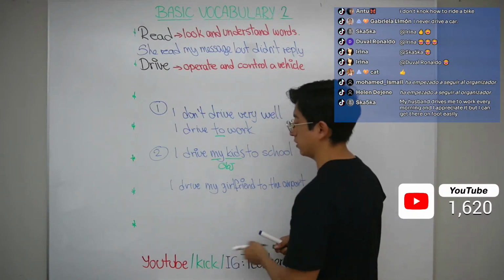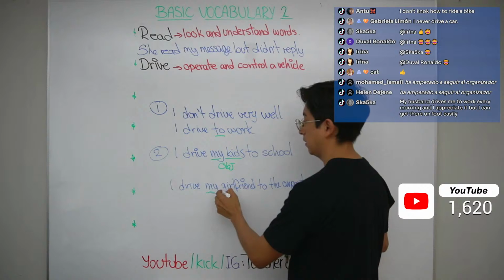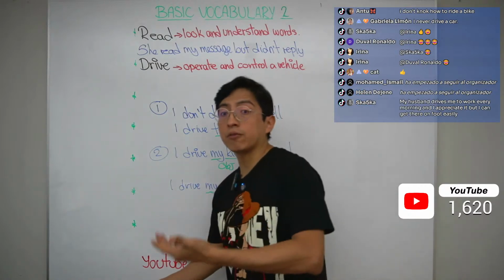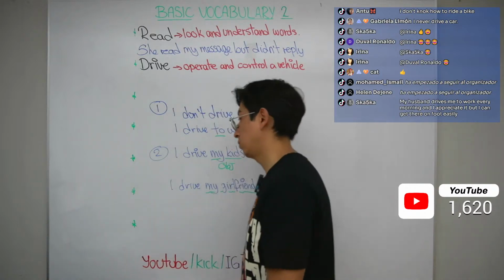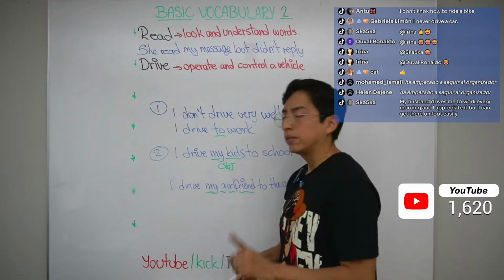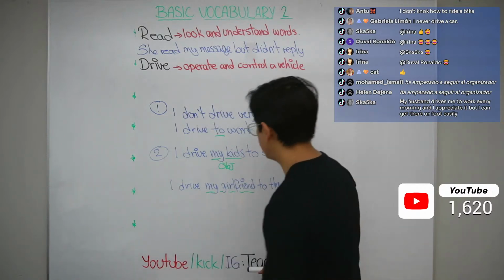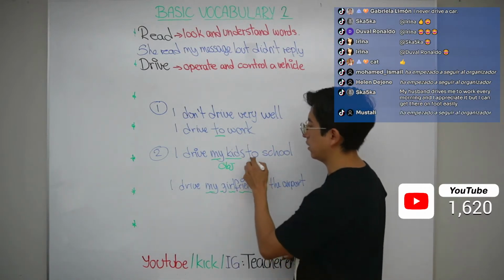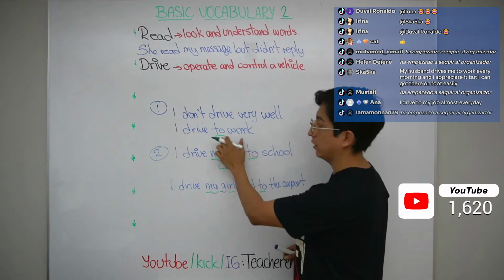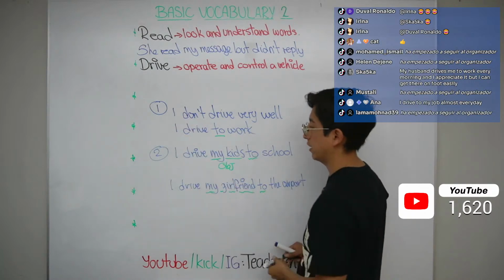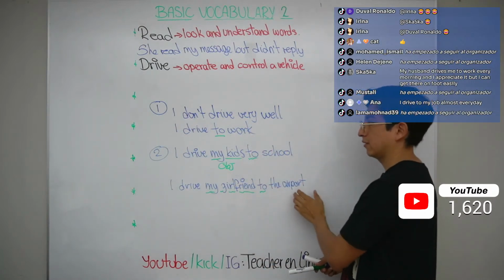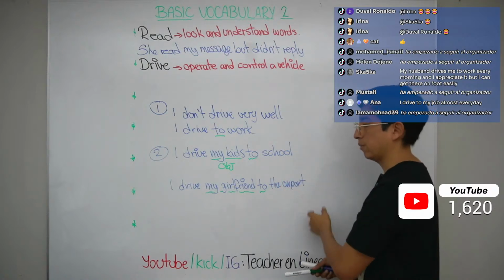This is the object, my girlfriend. I take my girlfriend to the school. Oh, sorry, to the airport. Now we are using to here again. Remember, to indicates direction. And remember to use a physical place: to work, to school, to the airport.